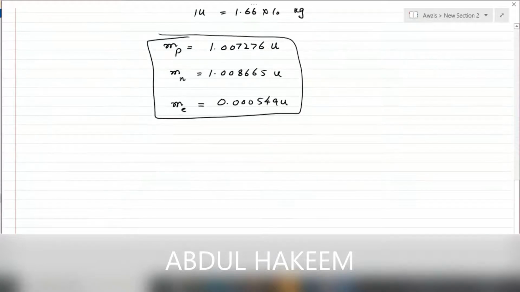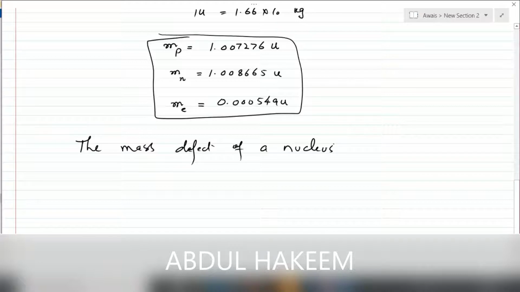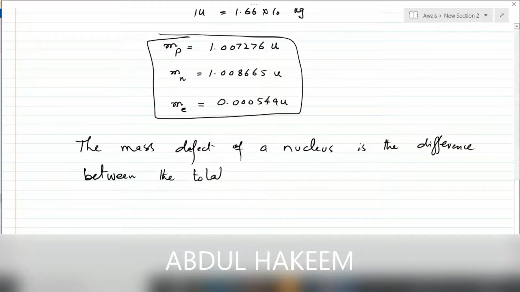Okay, now the mass deficit or the mass defect of a nucleus is the difference between the total mass of the separate nucleons and the combined mass of the nucleus.